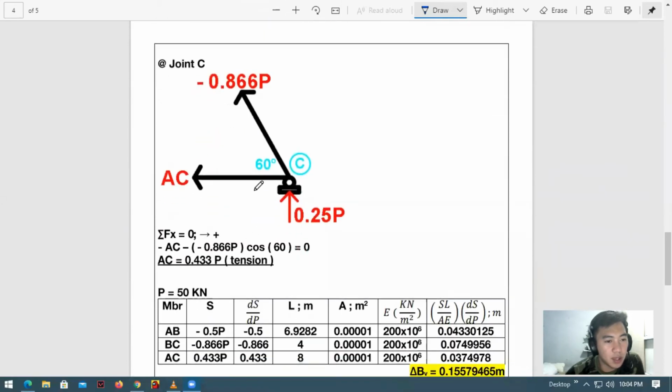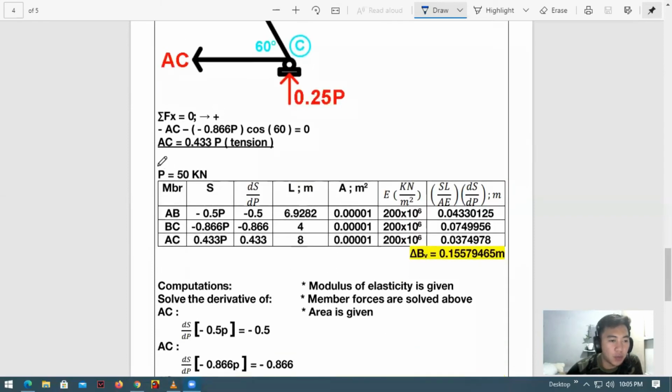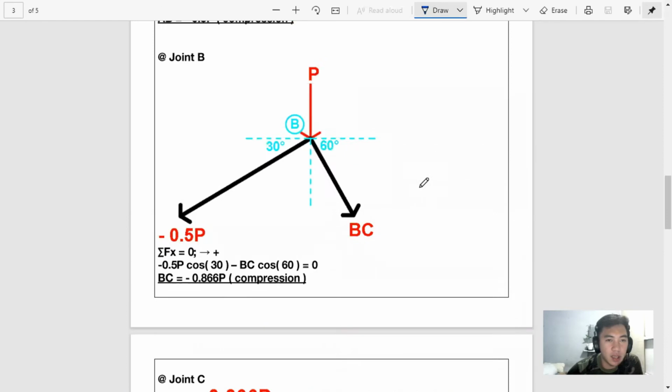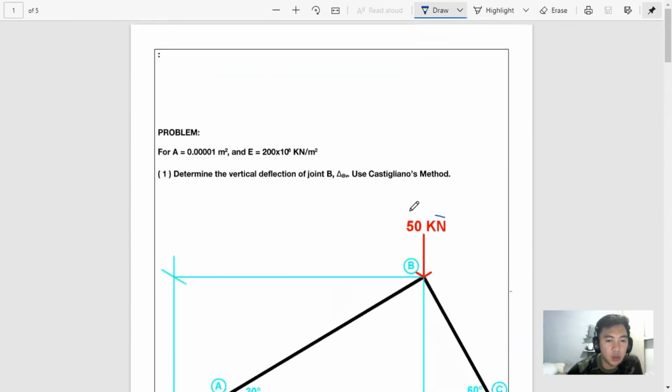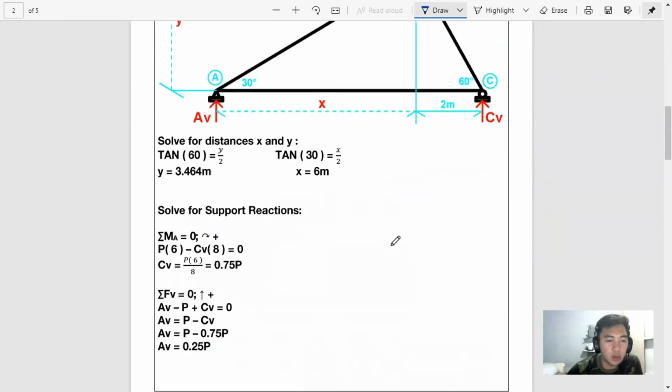At joint C, again using summation of forces along the horizontal axis, we get the value of AC, which is 0.433 P, tension. Remember that this P is equal to 50 kilonewton.